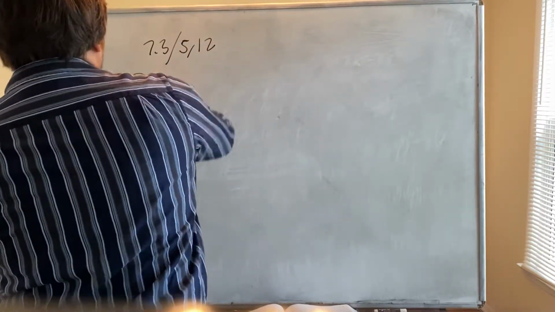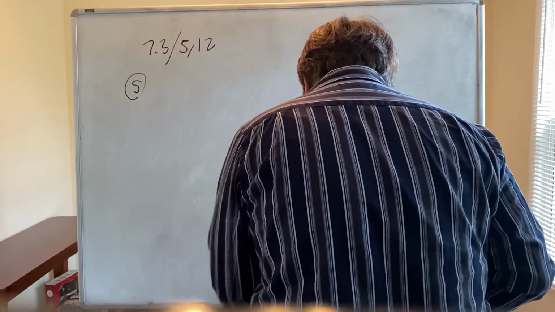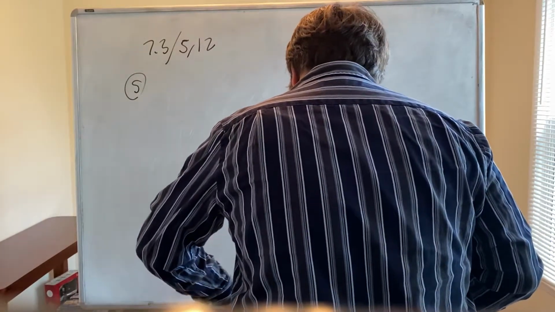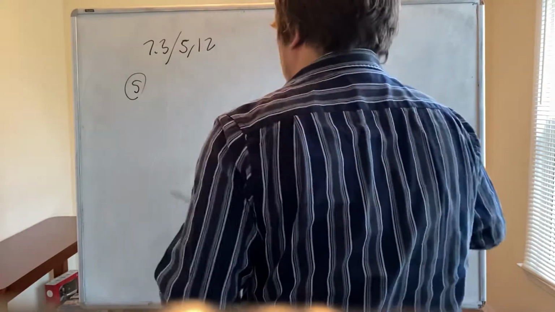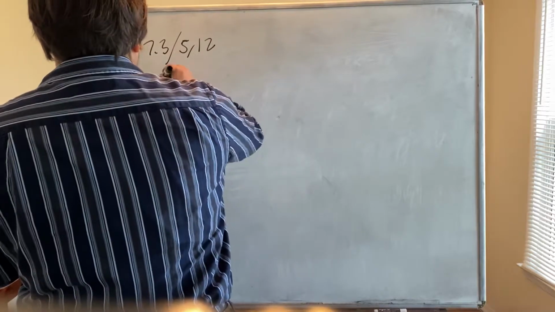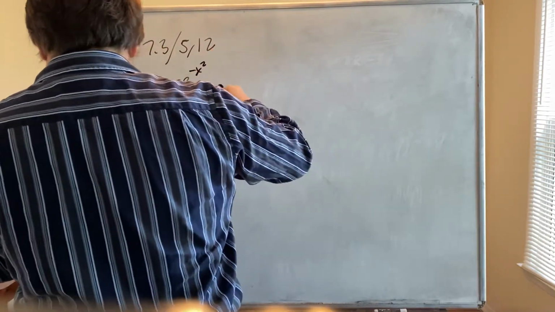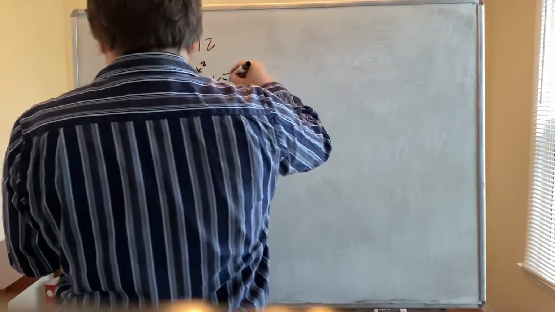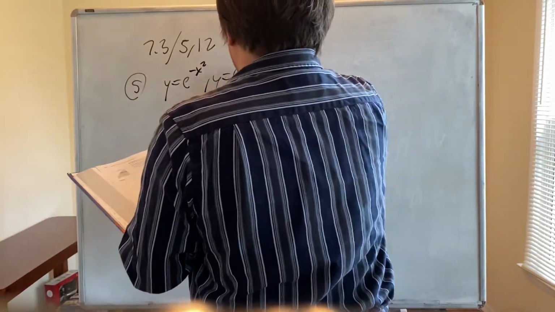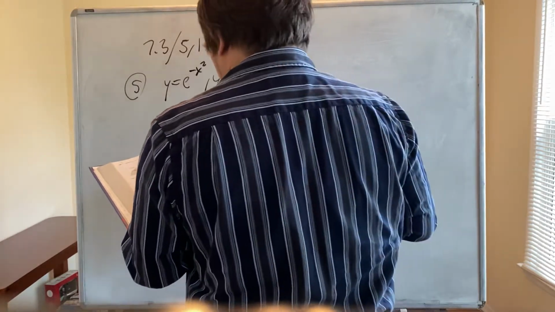Okay, so number 5 in 7.3. So y equals e to the negative x squared. y equals 0. x equals 0. x equals 1.